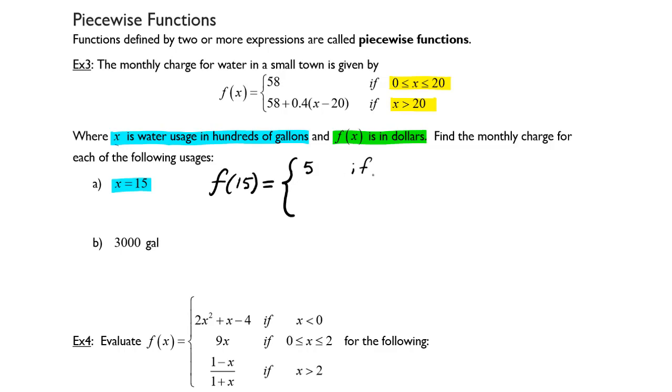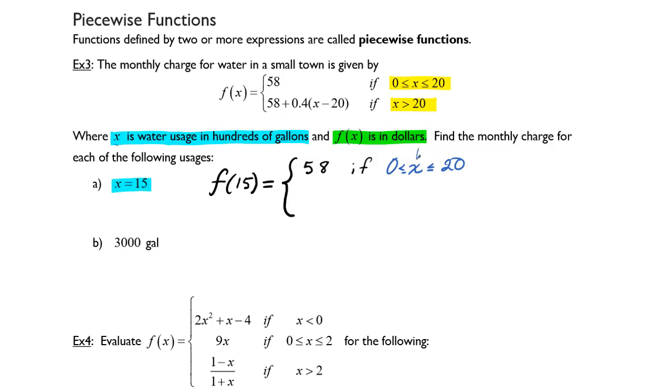Now, is 15 between 0 and 20, or is 15 greater than 20? Well, obviously, I think x is between 0 and 20. That's what this means: 0 is less than or equal to x is less than or equal to 20.